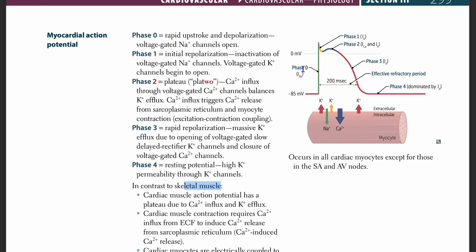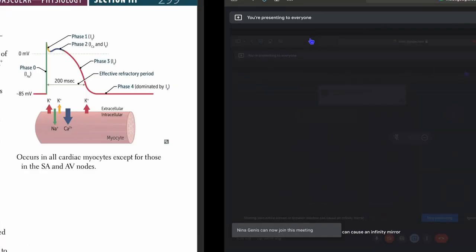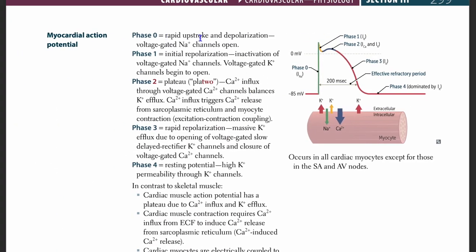So phase 0 is about intracellular sodium, so sodium coming into the cell, and that's going to create depolarization, the action potential, right? So depolarization is just a contraction, right? So contraction happens when it's depolarized, or depolarizing is called contraction, and repolarizing is when it relaxes.